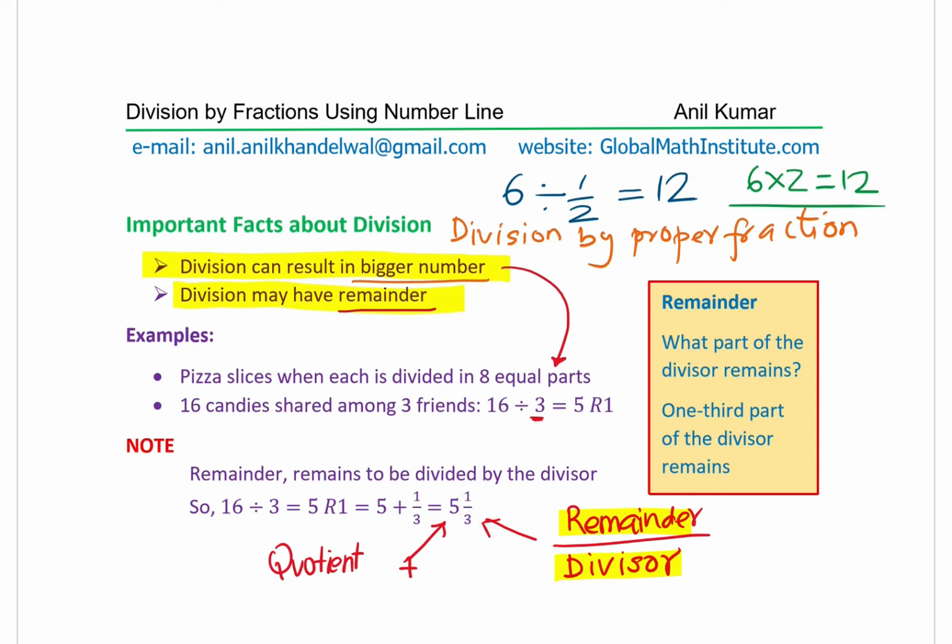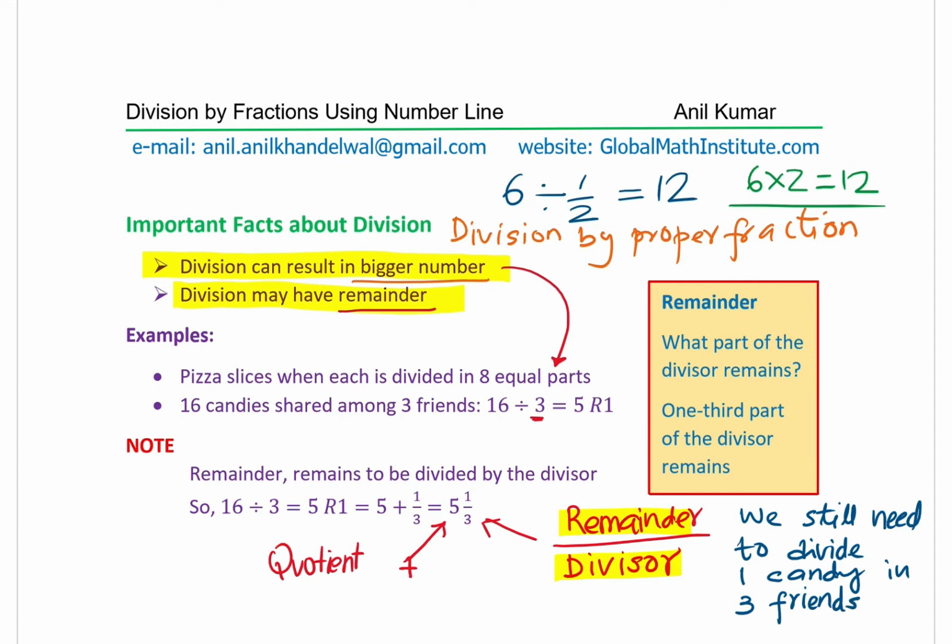So the remaining remainder is 1 divided by the divisor, and it signifies that we have still to divide 1 amongst 3, right? So it really means, literally, we still need to divide one candy in 3 friends.